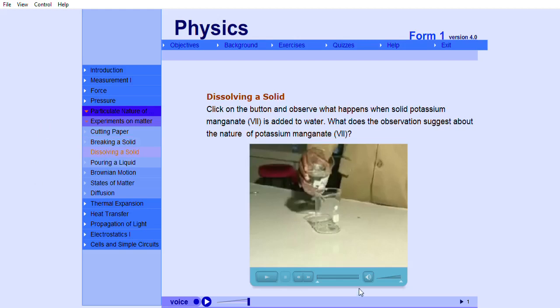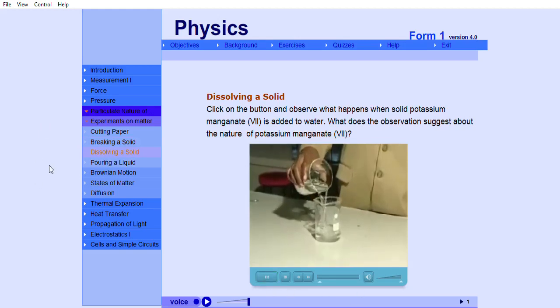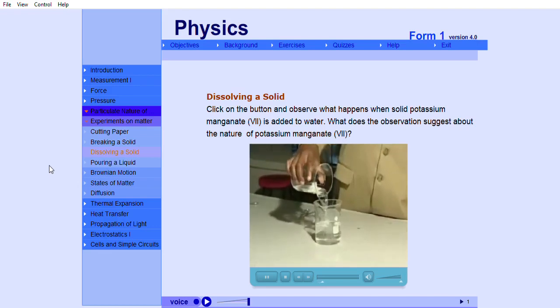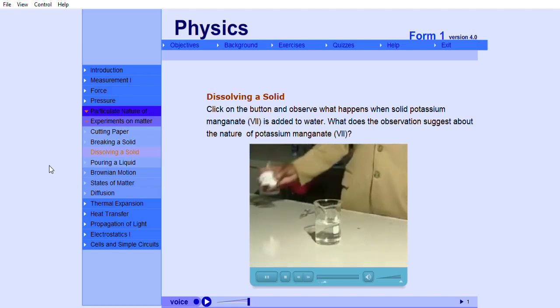Dissolving a solid. Click on the play button and observe what happens when potassium manganate(VII) is added to water.